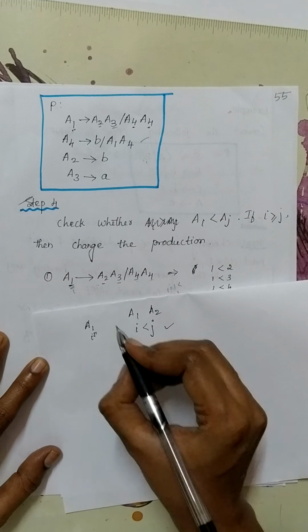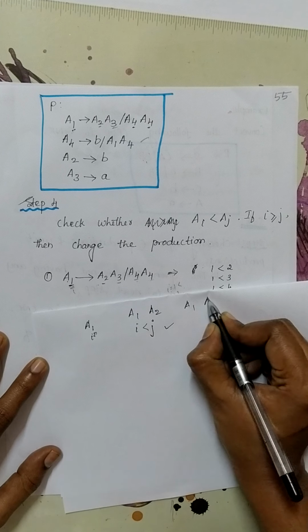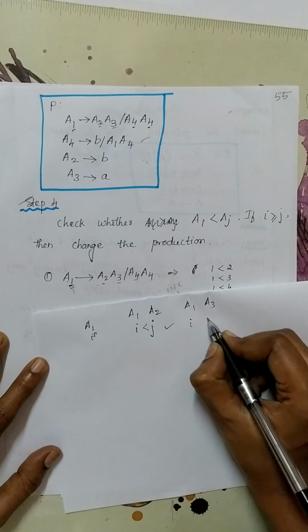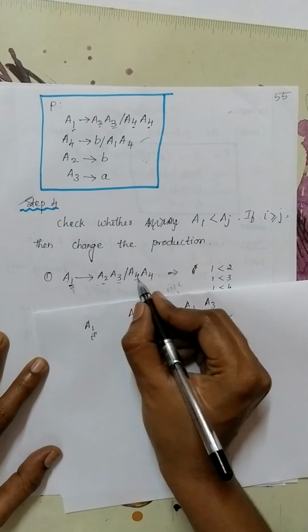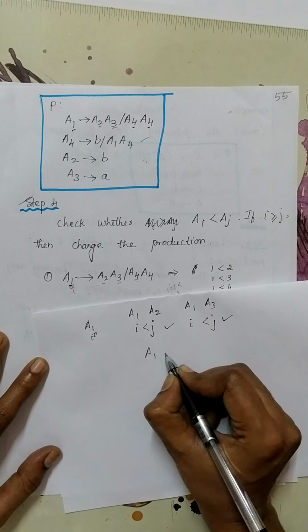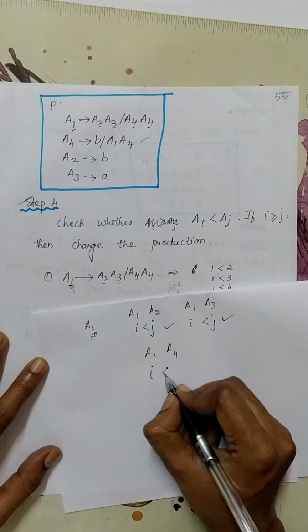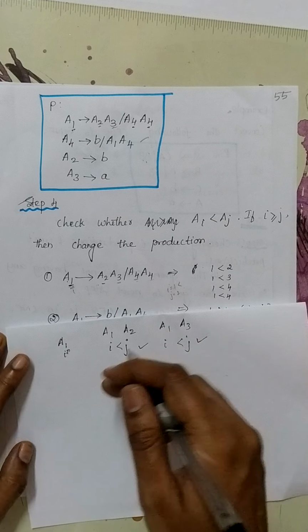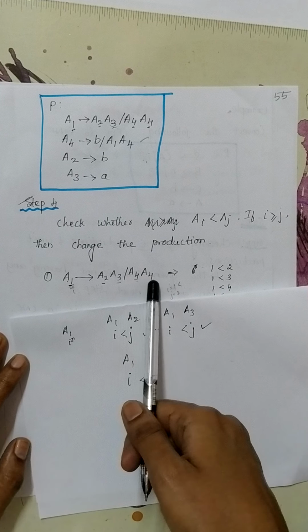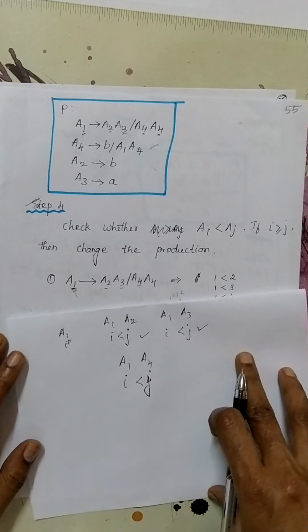Then we take A1, A3. Now i is less than j, it is okay. Then we take A1, A4. Here also i is less than j. So in the first production we keep everything as it is, and we are not going to change any productions there.